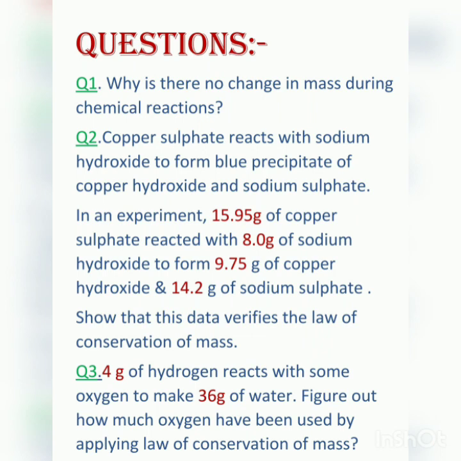So what do you need to find out in this question? Yes, we have to find out the mass of oxygen according to the law of conservation of mass. I hope you have clearly understood the concept of conservation of mass along with its numerical problems, which are based on 2 types.